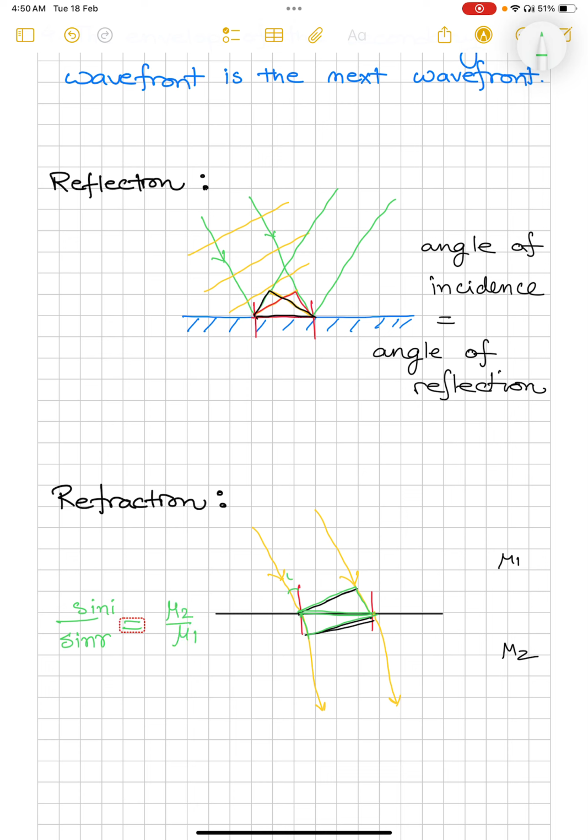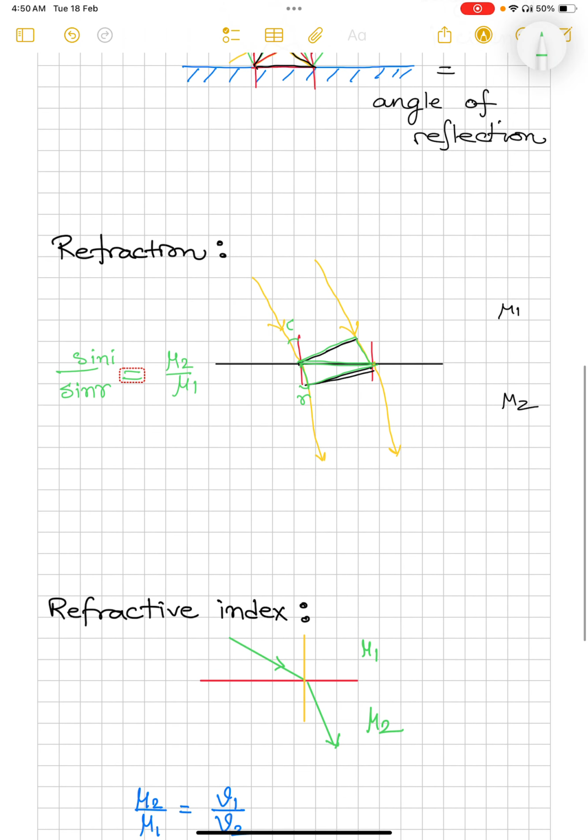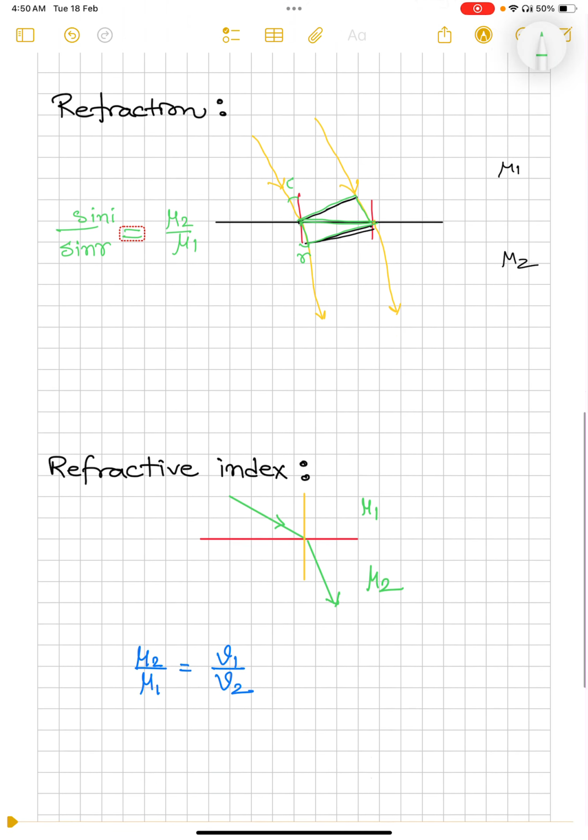So this is i, this is r. If you can do the proof, very good. If you cannot do the proof, at least draw this diagram and write down the two laws.